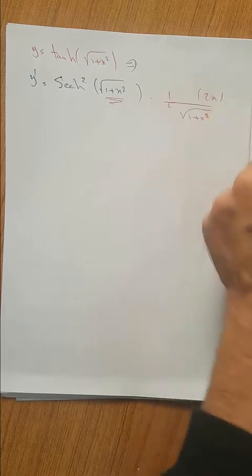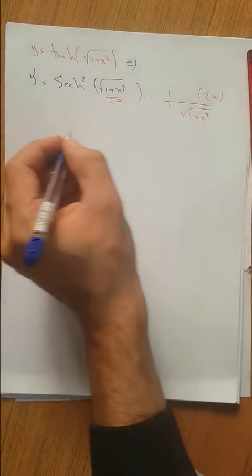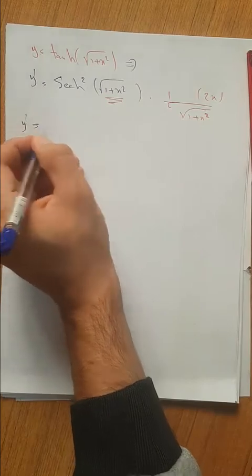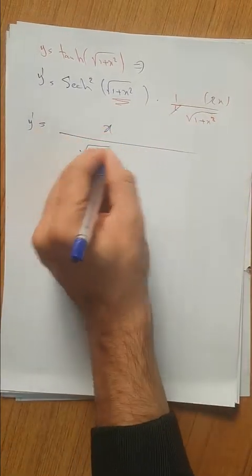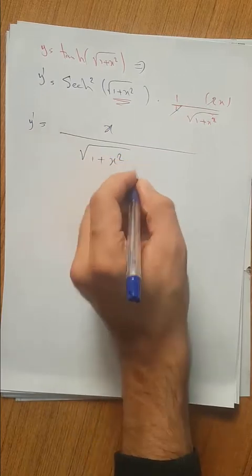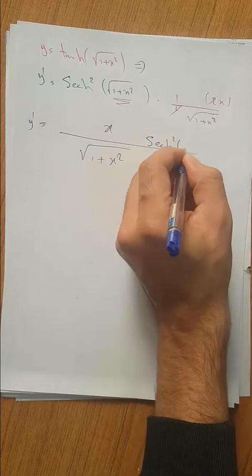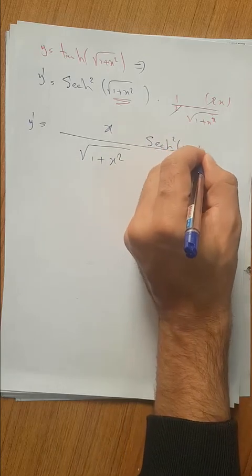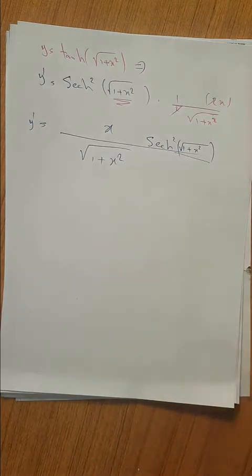How do I do that? Try to do it by yourself because you need more practice. So y prime is equal to 1 over 2, the 2 cancels, and it remains x over the square root of 1 plus x square, multiplied by secant hyperbolic square of this angle. Okay, dear, that's all you need to know about hyperbolic derivatives.